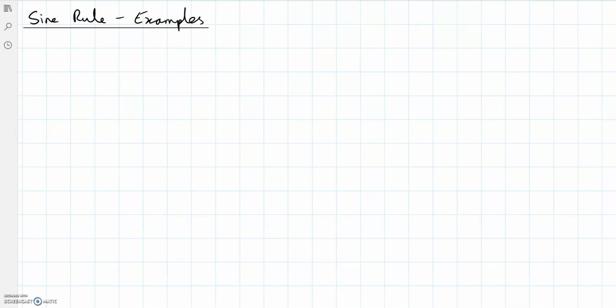So we're going to look at sine rule. We're going to be finding the value of x in these questions, and in these questions, x is going to be the length of an unknown side. So let me get my ruler out. Let's draw question 1.